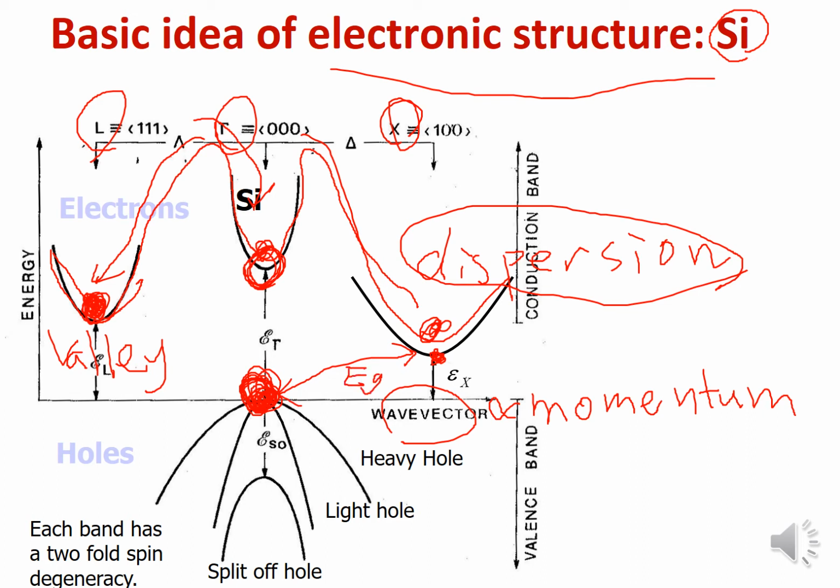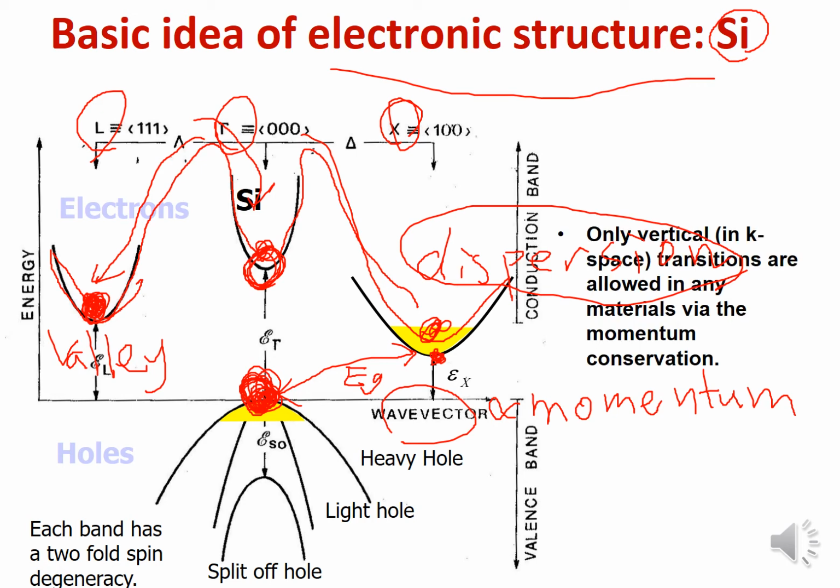When the k points are distinct, we call it an indirect band gap. Electrons will accumulate here, holes will accumulate here, and only vertical transitions in k-space are allowed, because of momentum conservation. What it means is that in most cases, when there's electron-hole recombination or an electron transits into a lower energy state, there comes light emission.